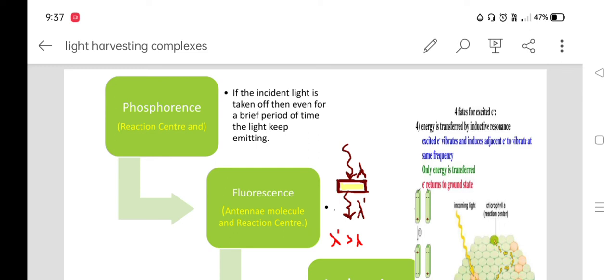Whenever this molecule absorbs the light, even after removing this light, it keeps emitting for a brief period of time.